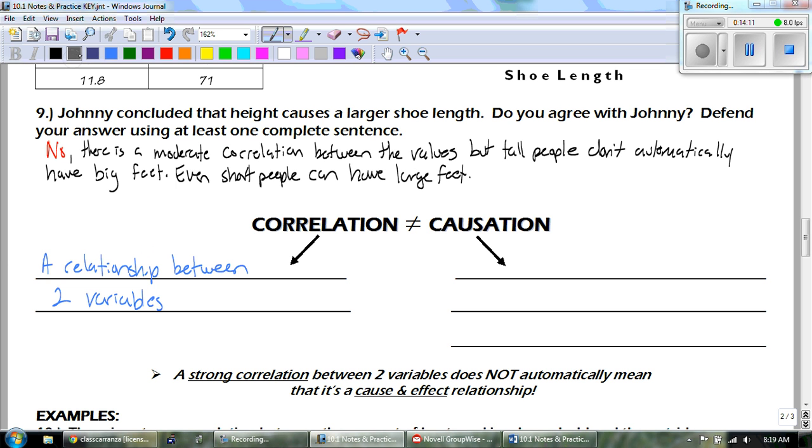And causation is a relationship in which one variable, and we can say that is a thing or an event, or an action, causes the other.